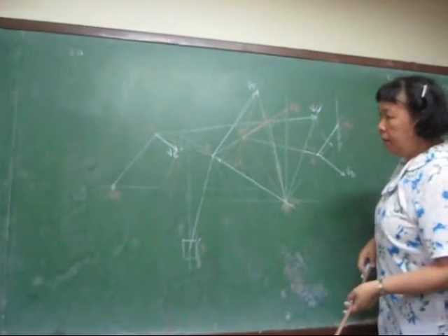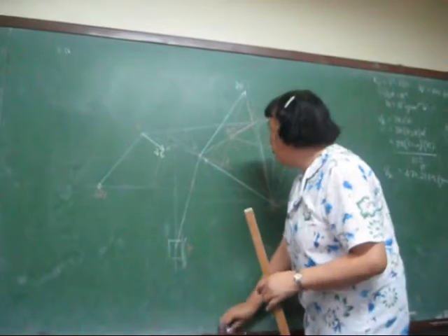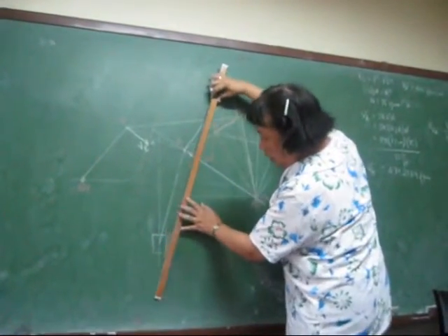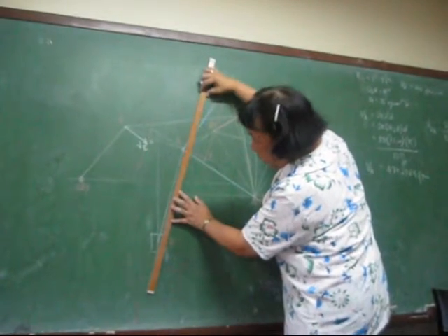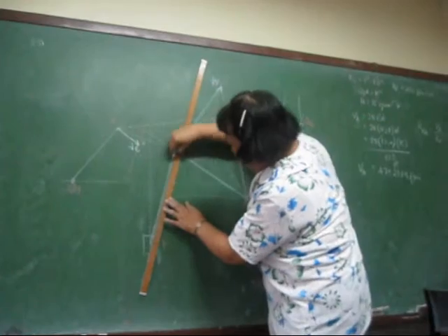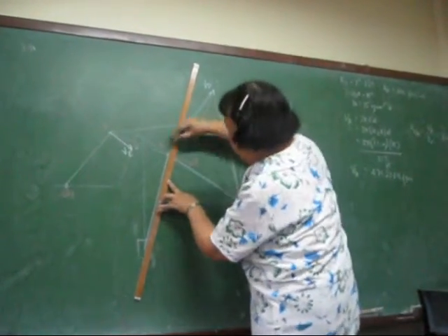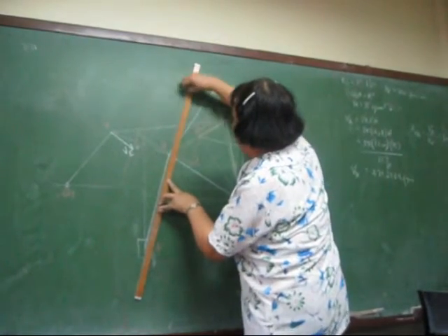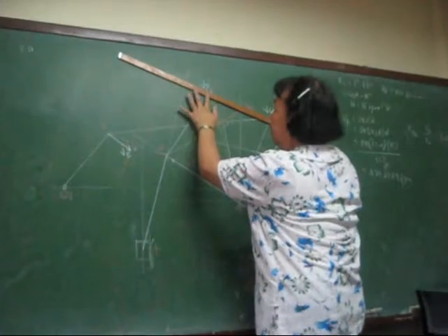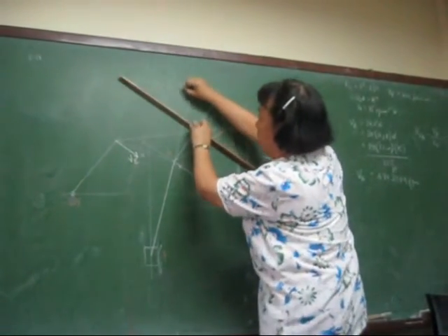Okay. How about your slider? Now with the slider, you now extend EF. And then from the tip of vector T, drop a line, resolving this into a right triangle, and designate this as E1.